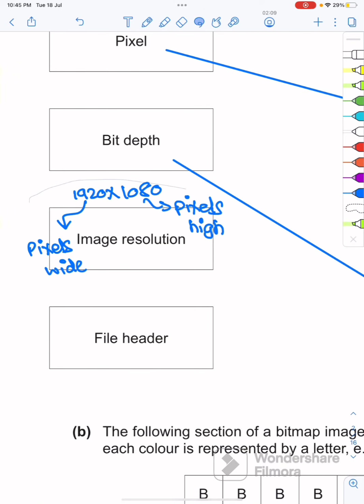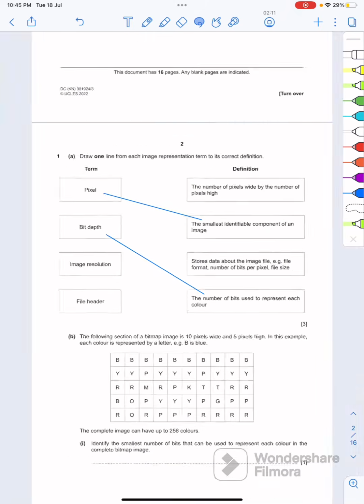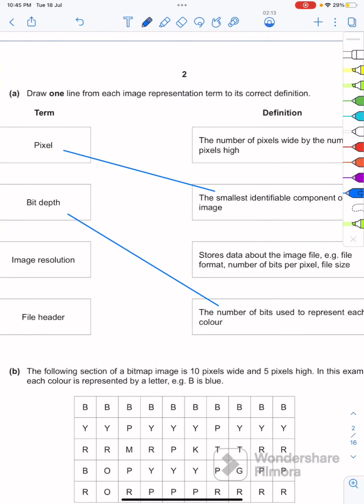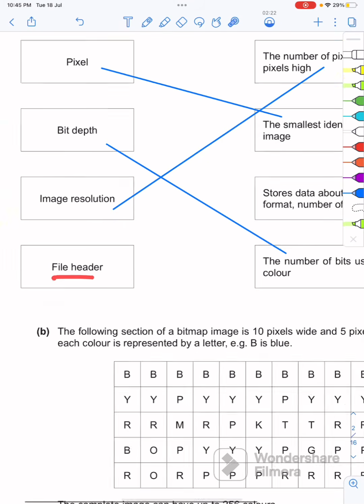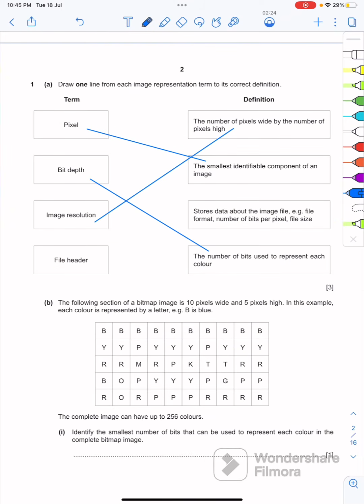So pretty straightforward: the number of pixels wide into the number of pixels high. That's going to be the first option. And obviously file header, the last one that's left now, stores data about the image, the number of bits per pixel, file size, etc. It's basically all the data about your image is stored in the file header.